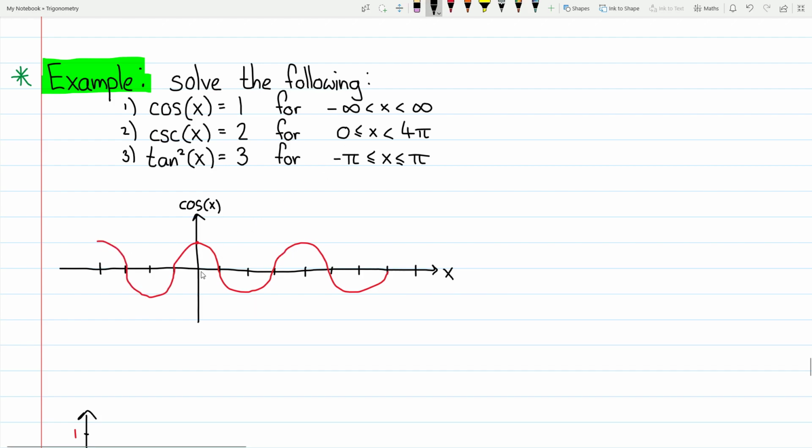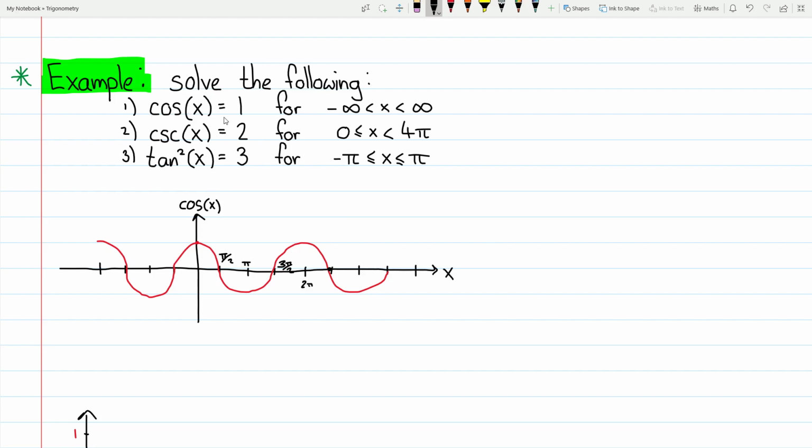Take a moment and try to remind yourself what the points are where it intersects the axis. This point's going to be pi on 2, this point's going to be pi, this point's going to be 3 pi on 2, this point's going to be 2 pi, and so on. We're interested in values between negative infinity and infinity, so we're going to keep drawing this graph.